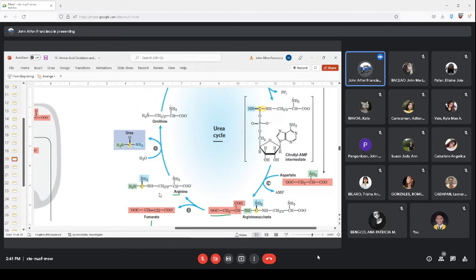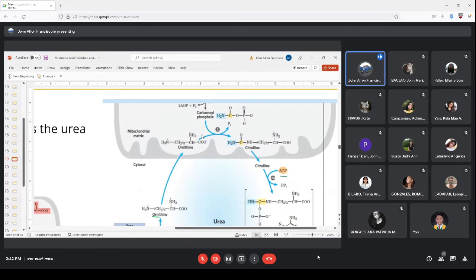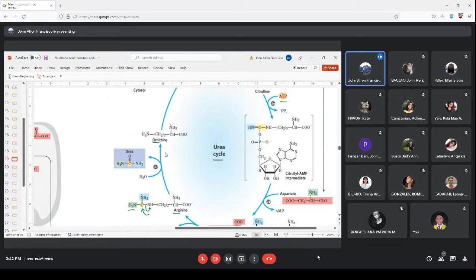So si arginine, you have here the two nitrogen containing, and upon addition of water, you can have your urea. So it attacks here to give off your ornithine. So now you have your ornithine again, and this ornithine can react with another carbamyl phosphate inside your mitochondria para mag-proceed ulit yung urea cycle.